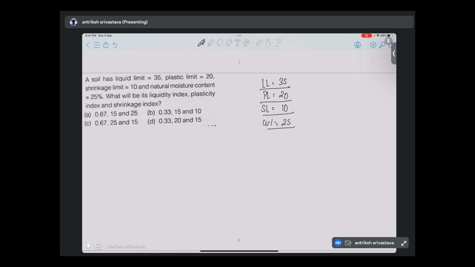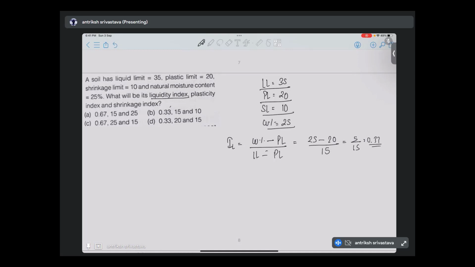Liquidity index is natural water content minus plastic limit divided by plasticity index, which is nothing but liquid limit minus plastic limit. So we have 25 minus 20 divided by 15, which is 5 by 15, 1 by 3, 0.33. So Pragati's answer seems to be correct.